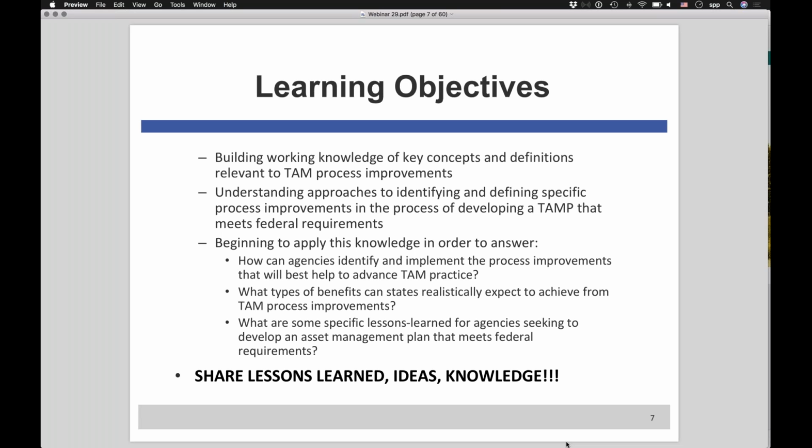Now, the purpose of the webinar series is to share lessons learned, ideas, and knowledge with the asset management community.